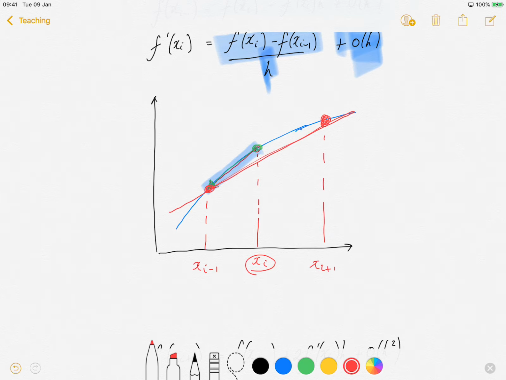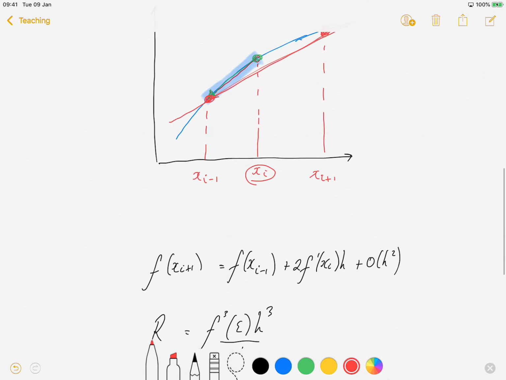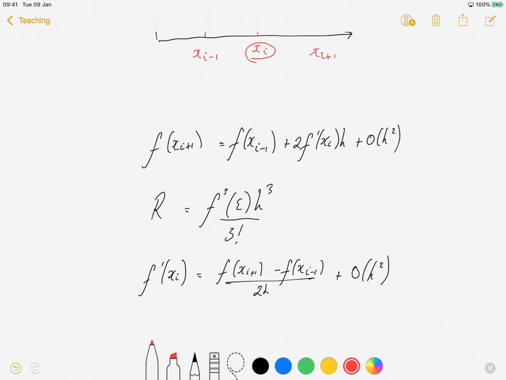So really what we do is we subtract the backward difference from the forward difference, and we then rearrange our function, our Taylor series. So I've already written that here.